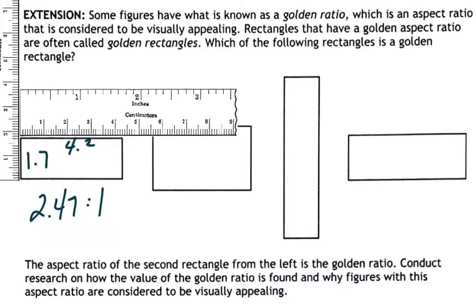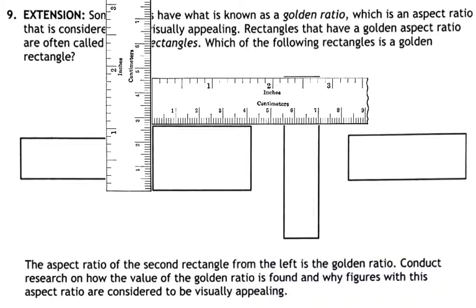So now we'll go look at the other rectangles. This rectangle looks to be 2.7 and 4.2. So 4.2 divided by 2.7 is a 1.56 to 1 aspect ratio.